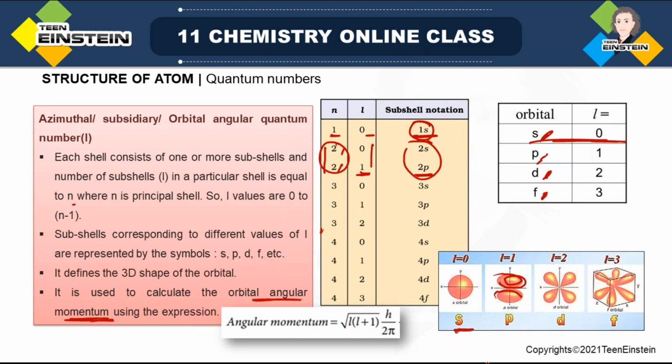It is root over l into l plus 1 into h by 2 pi. So h is Planck's constant, and pi is 3.14. But if you know l, suppose l is s, that is 0, you can easily calculate it. It will be 0 basically. But when l is 1, just simply put root over 1 into 1 plus 1. So in this way, if you know the l value, you can also calculate angular momentum.